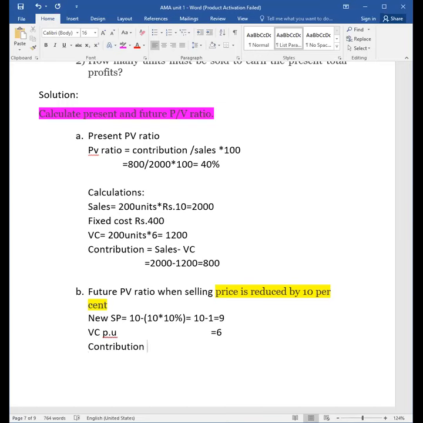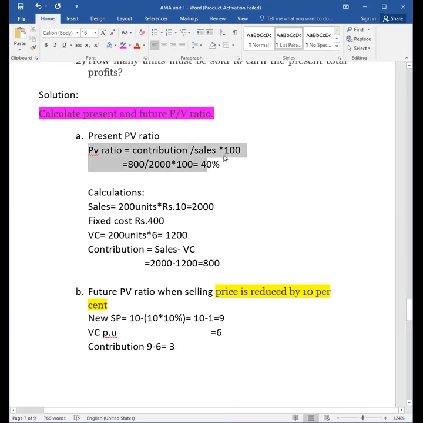A change in one aspect leads to a change in another. So contribution is equal to 9 minus 6, which equals 3. Your contribution is 3 now. So now you can calculate your PV ratio.